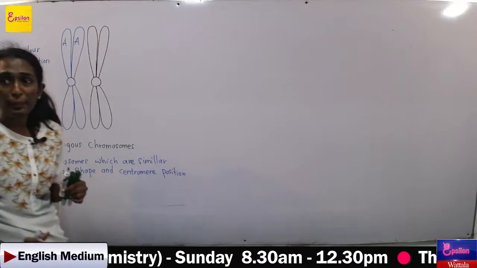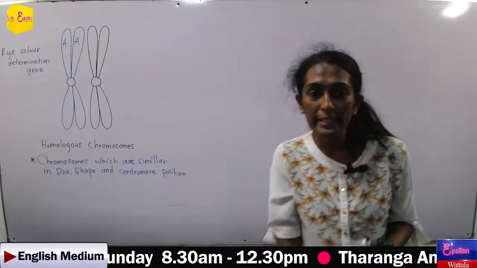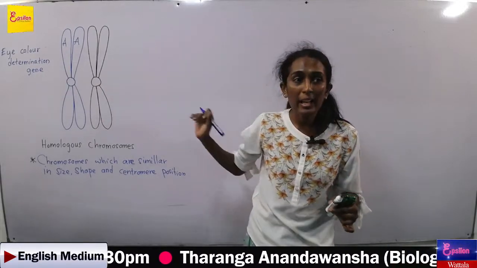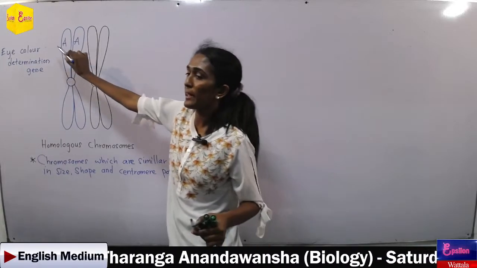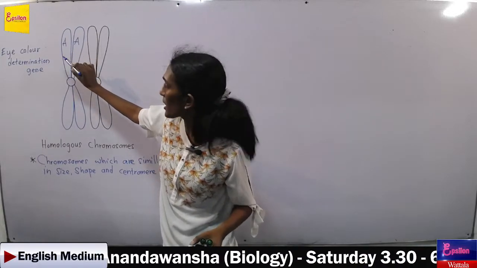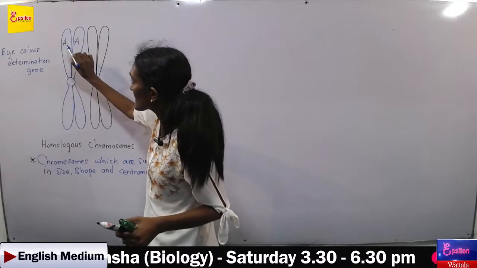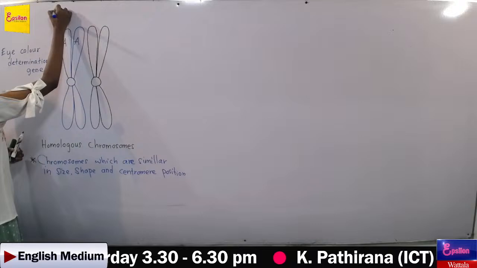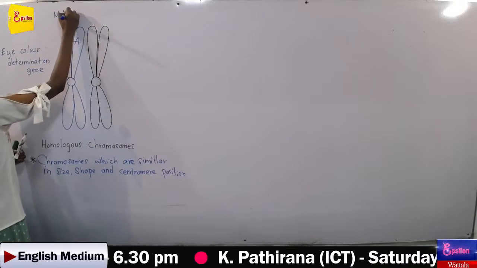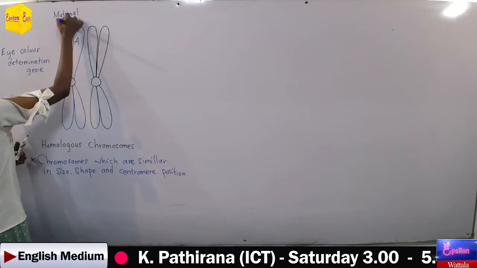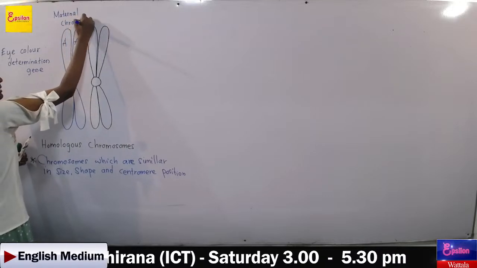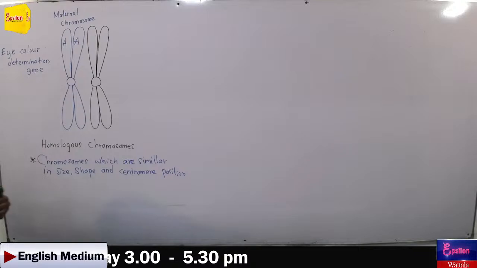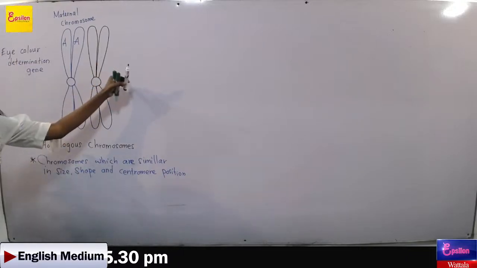We have 23 pairs of chromosomes. Let's say the 20th chromosome, I'm just making this up. On the 20th chromosome, the eye color determination gene is at this particular position. So, that is capital A. This comes from the mother, so we call this chromosome the maternal chromosome. It came in the egg cell. So, what about this one?